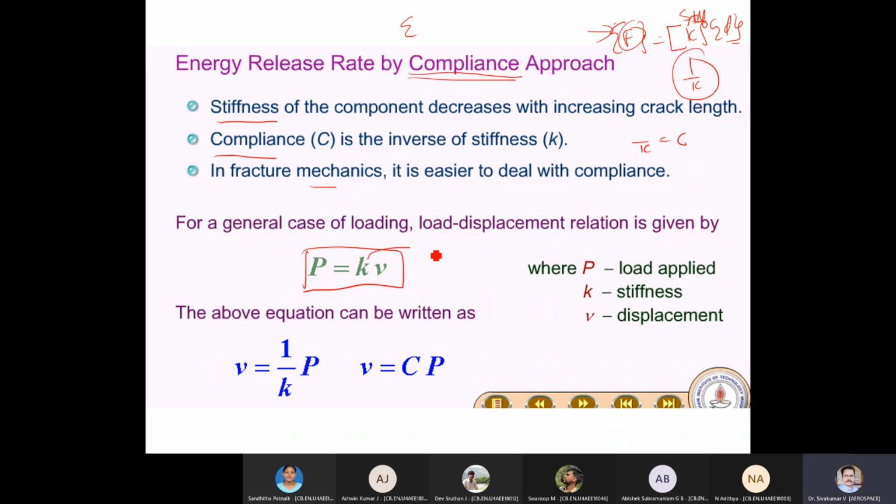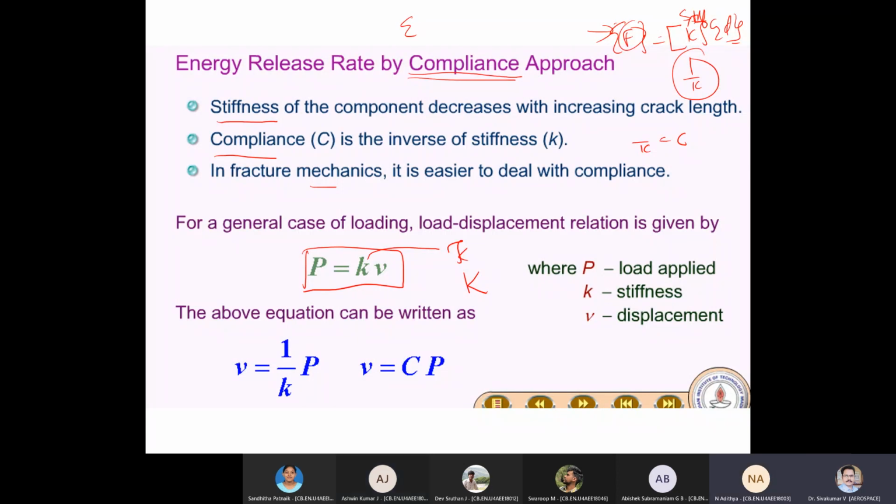Any idea when I can use small k and when I can use capital K? Any idea from students? Global and local, sir?